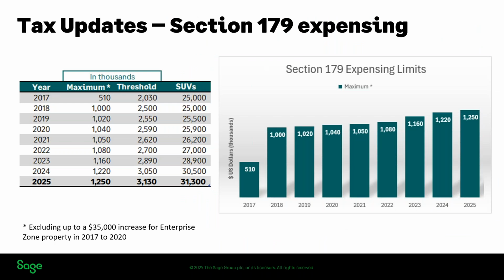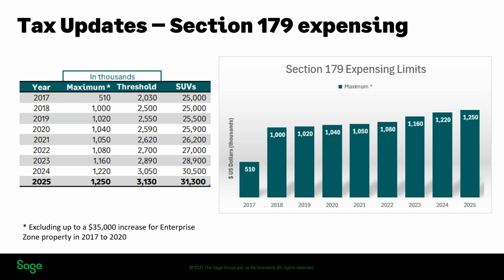So let's talk about the changes in this release that impact 2025. We have the inflationary changes that come about each year. And the first one is Section 179 expensing. It is up about $30,000 to a maximum amount of $1,250,000 in 2025.